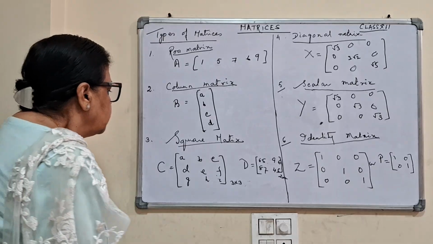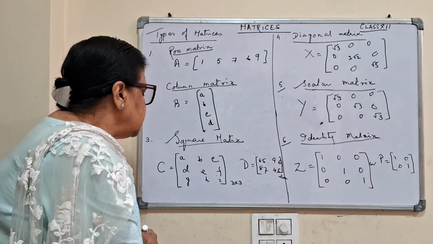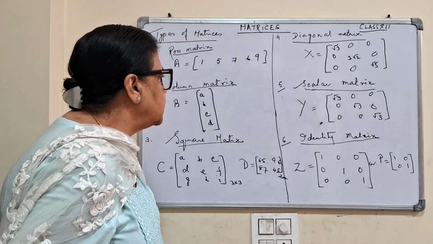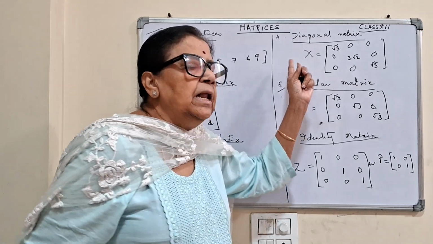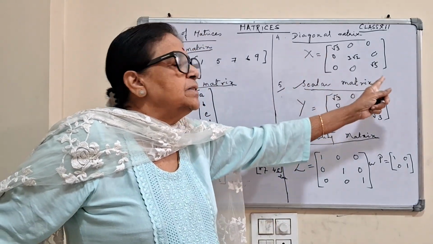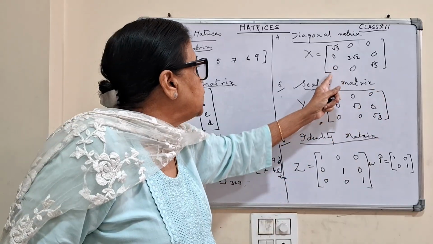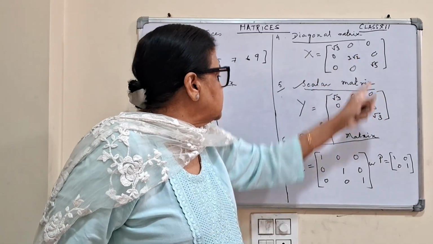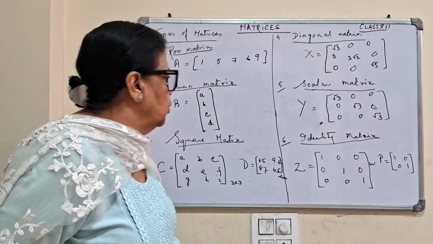A square matrix means the number of rows and columns are equal. A diagonal matrix is a square matrix whose diagonal elements are non-zero and the rest of the elements are 0.